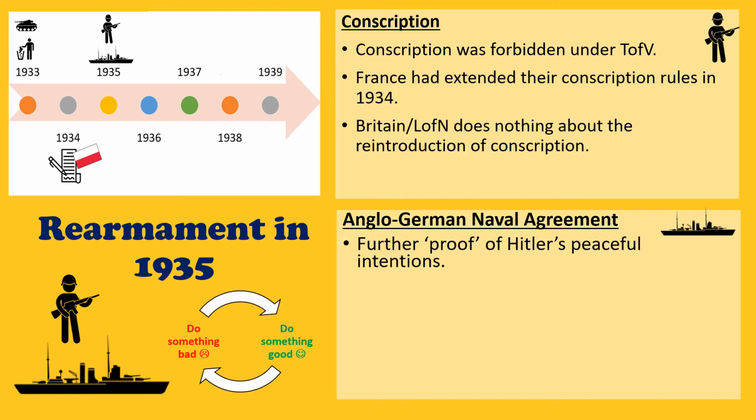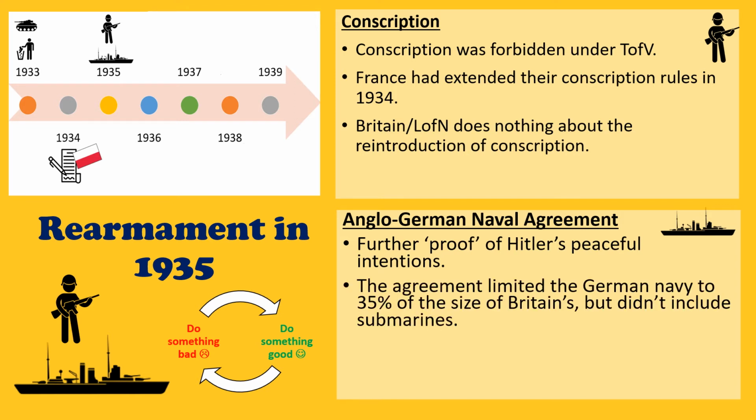However, this Anglo-German Naval Agreement in 1935 will change that, because they decided that Germany could build their navy, but it could only be 35% the size of Britain's. So it would never be bigger than Britain's, but it would be bigger than what the Treaty of Versailles set out.